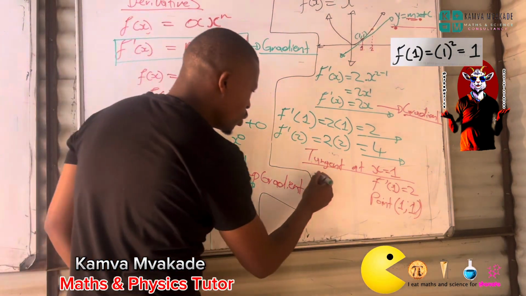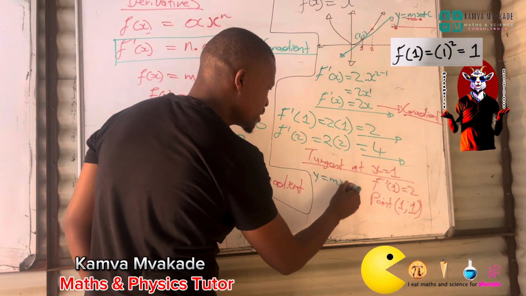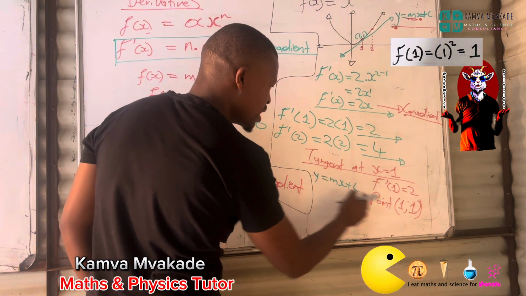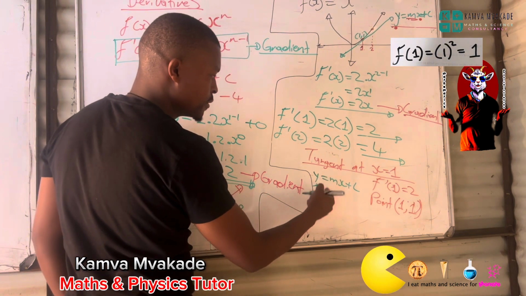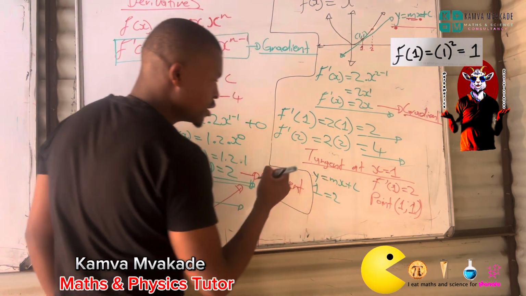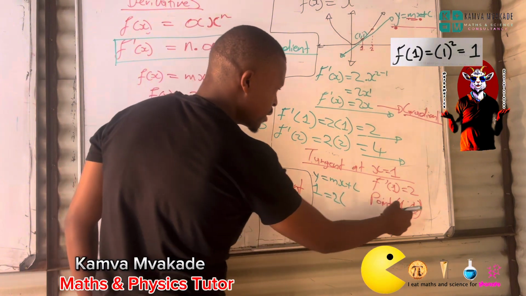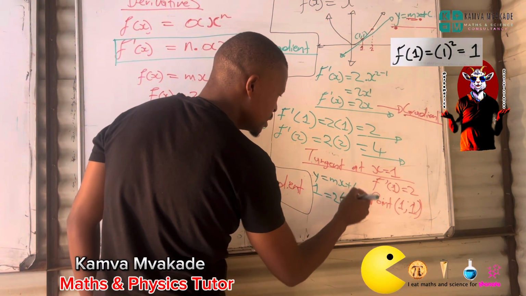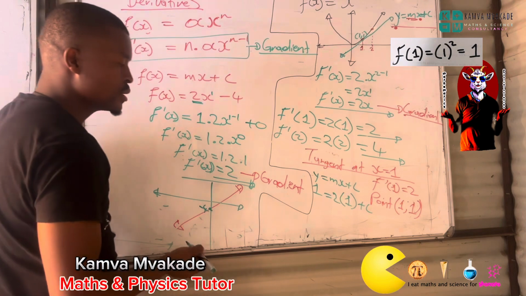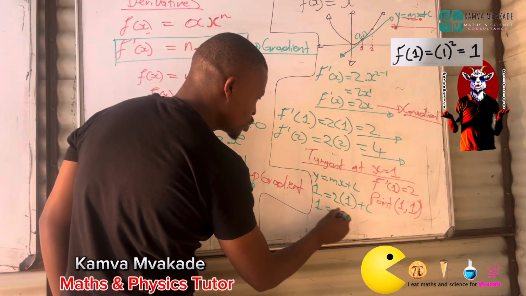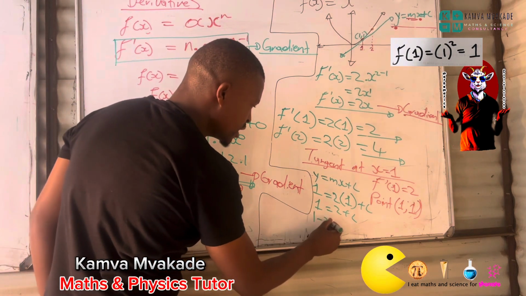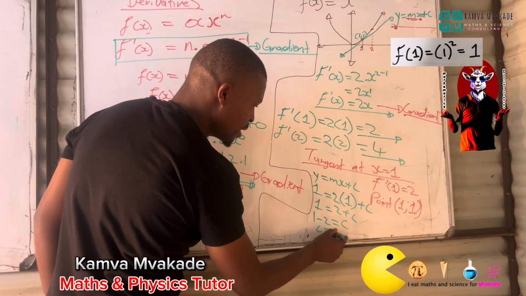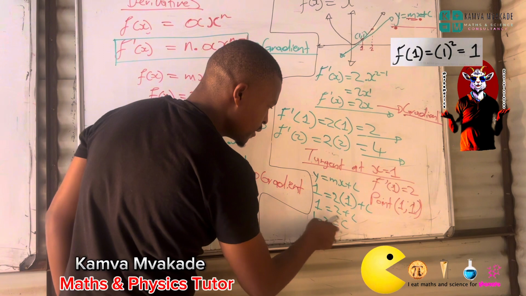We say y equals mx plus c. What is y? It is 1. And the gradient is what? It is 2. What is x? It is 1. What is c? We are looking for c. So you say 1 equals 2 plus c. We transpose this. It becomes 1 minus 2, which is c. How much is c?